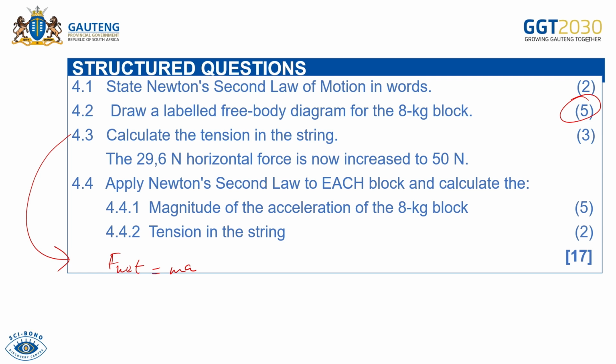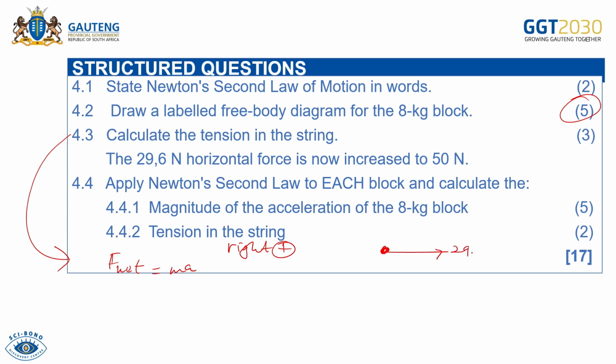Direction. So which direction are you taking as positive? In most cases, learners, we always take the direction of motion of an object as positive. So in this case, what is the direction of motion of an object? Is to the right. Ne? So we are taking right as what? As positive.